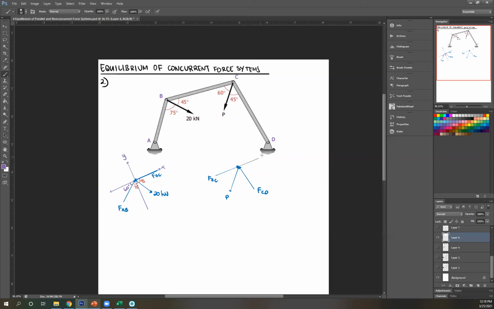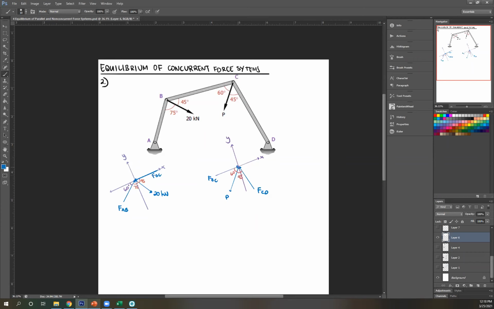So this, and perpendicular to that is your y-axis. Okay. And let me just draw the angles. So between FBC and P, right, it's this, that's 60 degrees. Between P and FCD, which is this, that is 45.